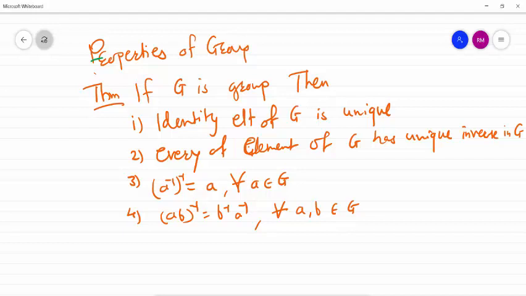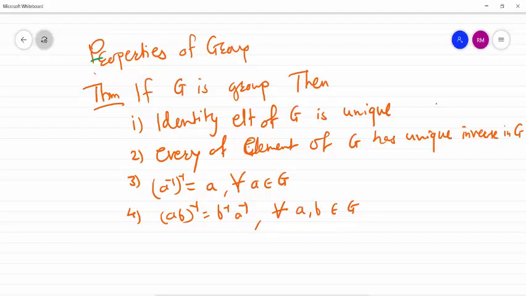Again note that if G is a group, then the identity element is unique, roughly we can say. Then the second property is every element has a unique inverse. In short, here we have to prove the identity element is unique. Suppose there are two identity elements, rough discussion, E and E dash.